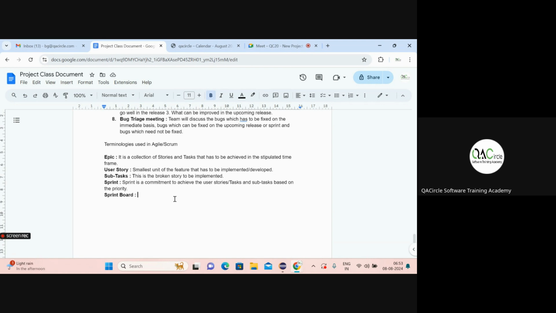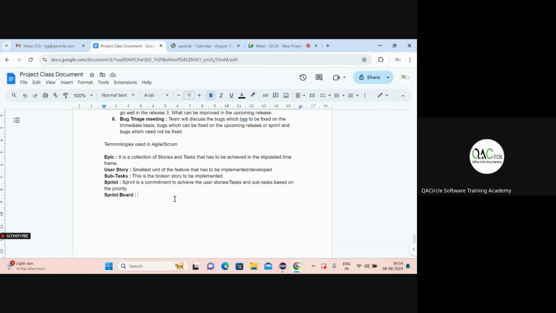All right, so a sprint board is a board which consists of all the stories, tasks, or subtasks which are committed to be achieved in the current sprint. Whatever sprint you create, you will be creating in this sprint board itself.